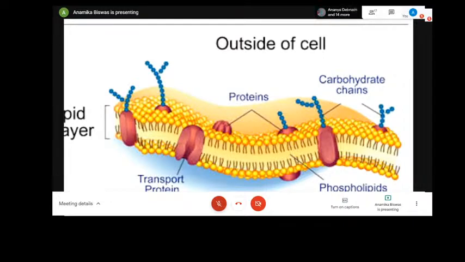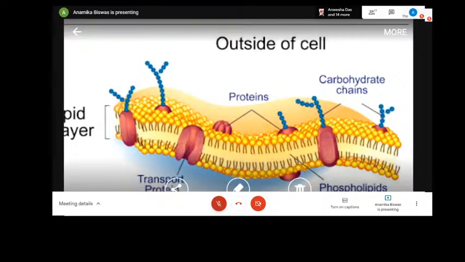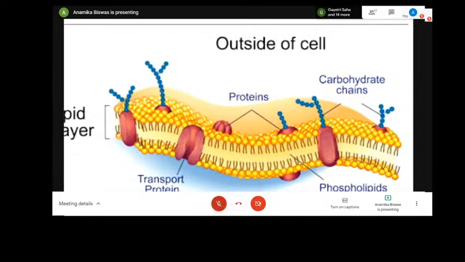Next is facilitated diffusion. In this process, the molecules are transported along the concentration gradient with the help of ion channels and permeases. Energy is not required in this process.